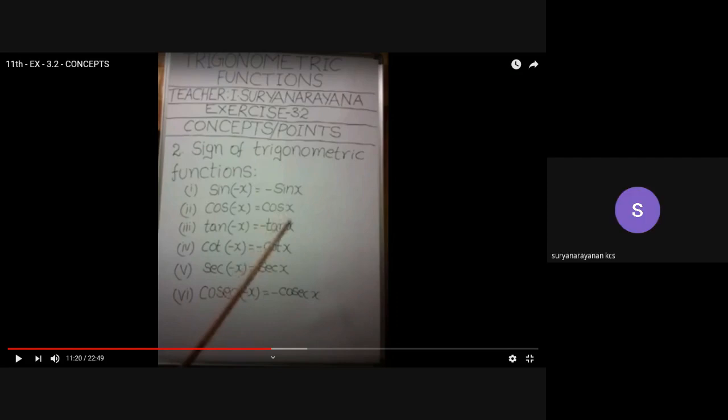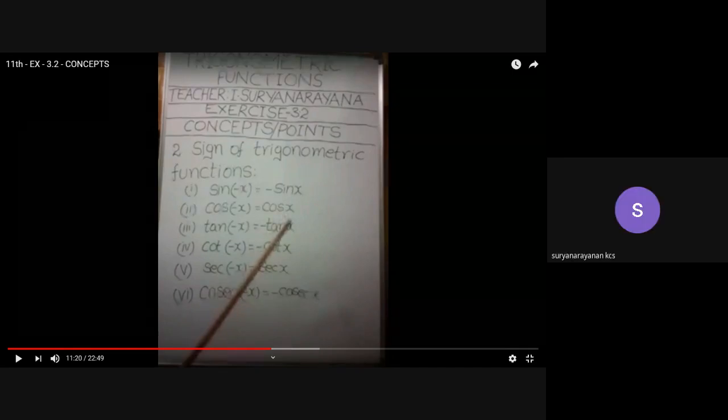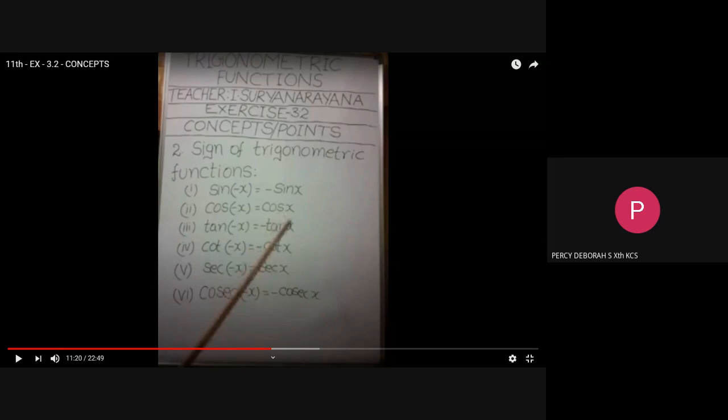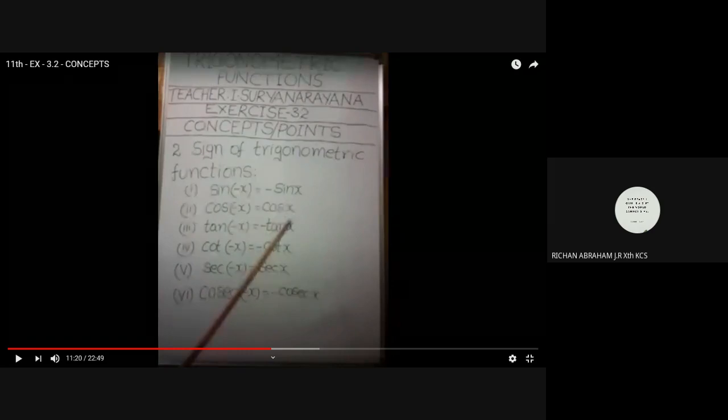Ria, Juice, Rexlin, Benjamin, Percy, Richan, each repeats: cosecant of minus x is equal to minus cosecant x. Very good.